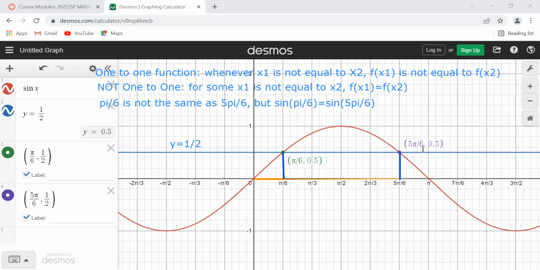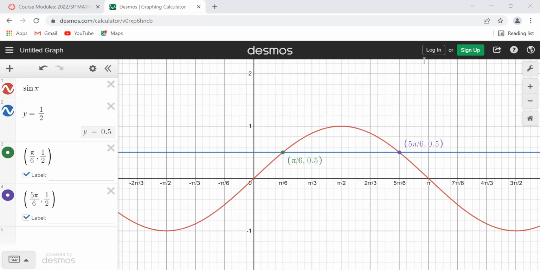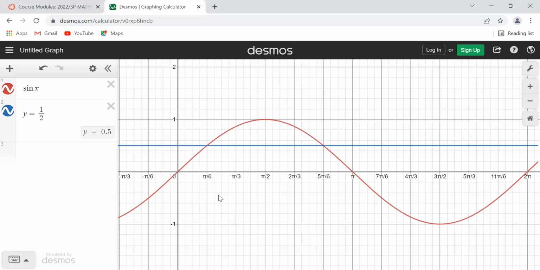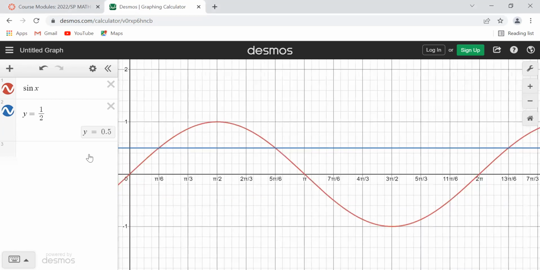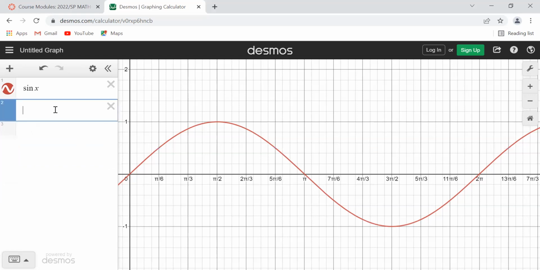Let's look at another case. I'm going to clean this up and illustrate another case. Once again, write down the definition, and we're going to remove these two points. The points we're going to talk about this time are pi over 2 and 5 pi over 2. We're going to remove that line.